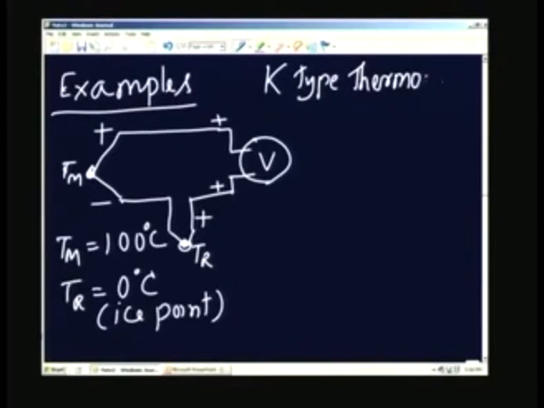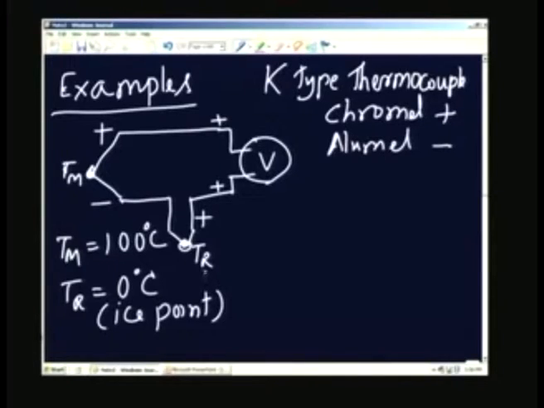So we already know what a K type thermocouple is, and the student is expected to remember what K type means. It is a chromel alumel thermocouple. Chromel is the positive element and the alumel is the negative element.